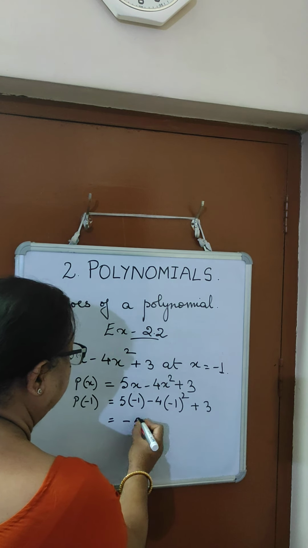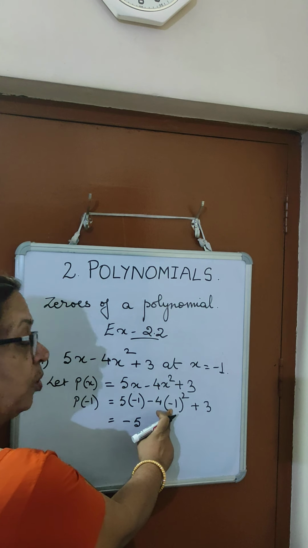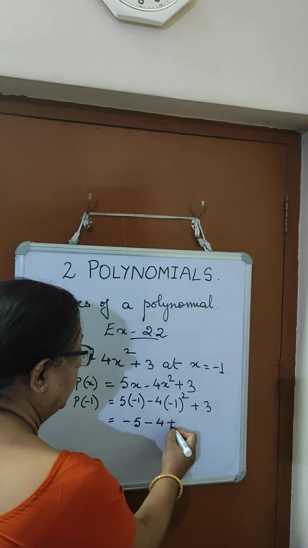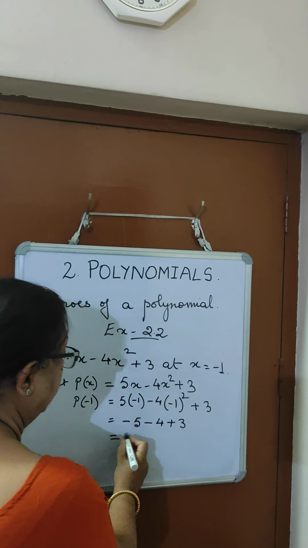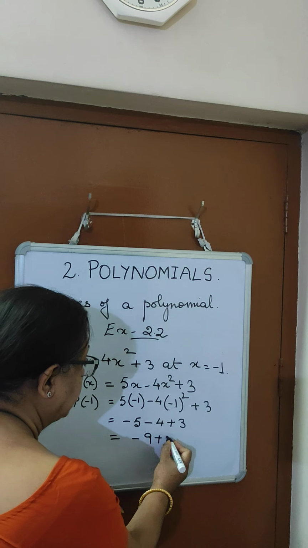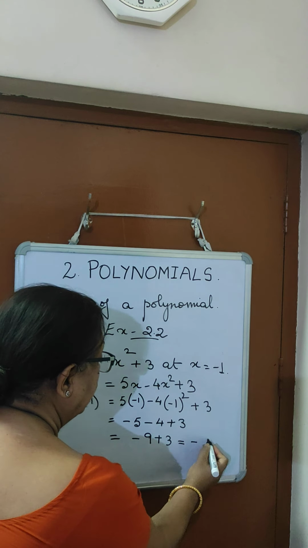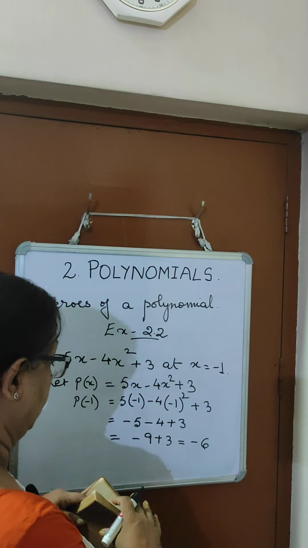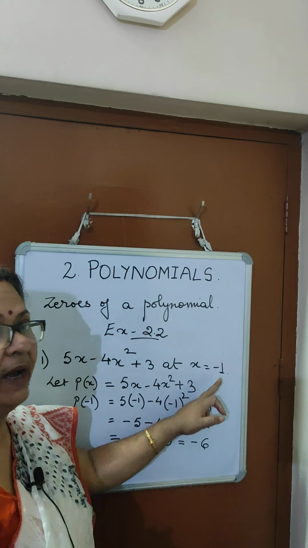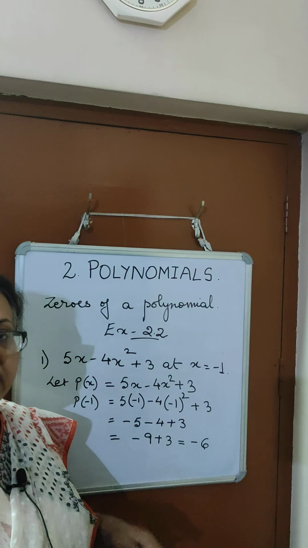Minus 5, minus 1 square is 1, so 1 into minus 4, plus 3. Minus 5 minus 4 is minus 9 plus 3, that is equal to minus 6. So, the value of this polynomial at x equal to minus 1 is minus 6.